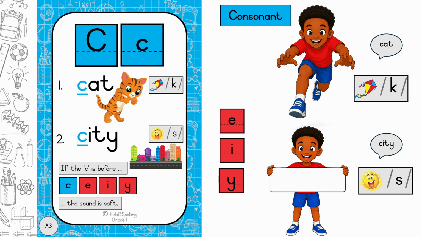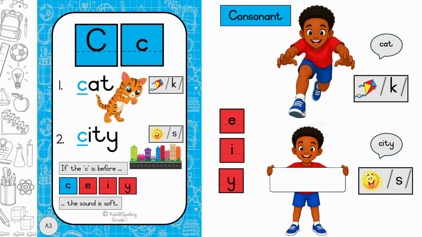Let's move to our multisensory movements to help children remember. If you look to the right, you will find a little boy who looks as if he is jumping forward like a cat. And the rhyme will go like this. The letter C says K for cat. That is the first part.